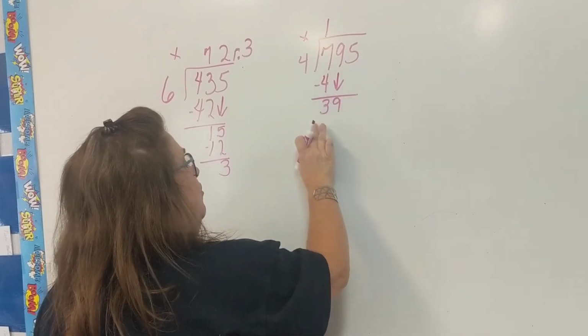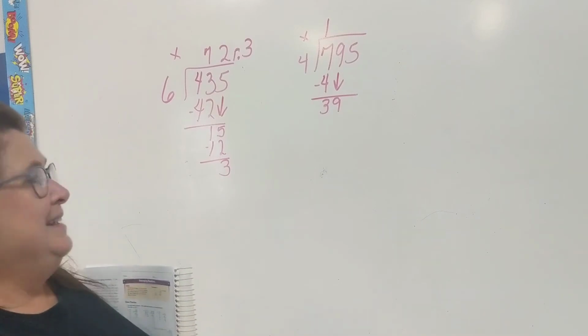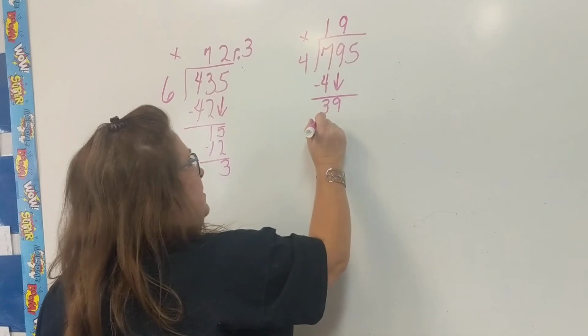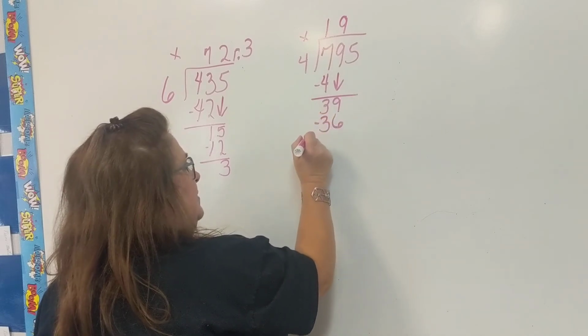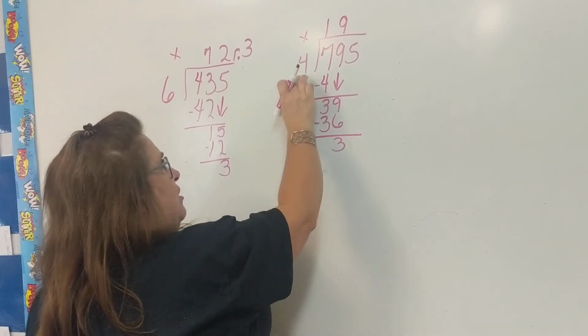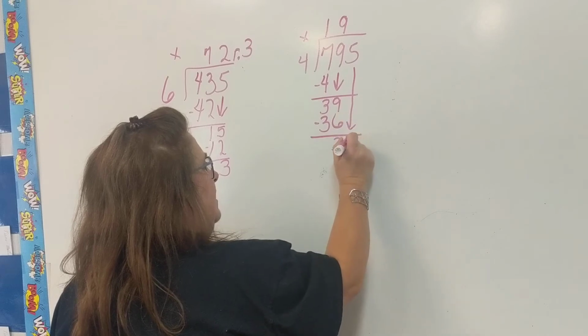How many times will 4 go into 39? Y'all got it? 9 times. 9 times 4 is 36. We subtract. 9 minus 6 is 3. We compare. Is 3 smaller than 4? It is, so we bring down our last digit, which is a 5.